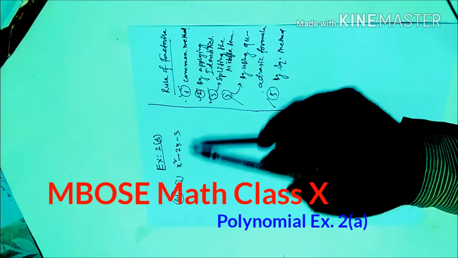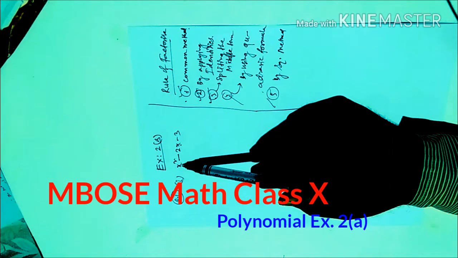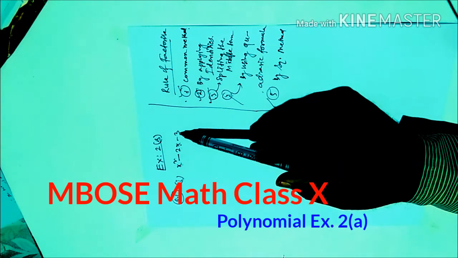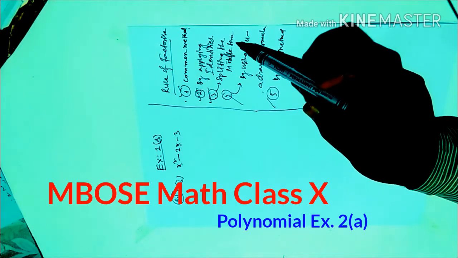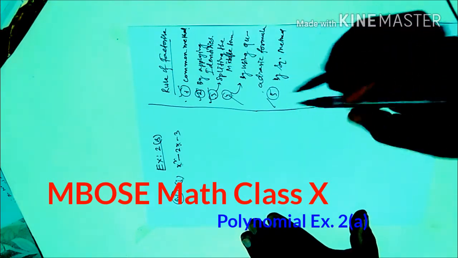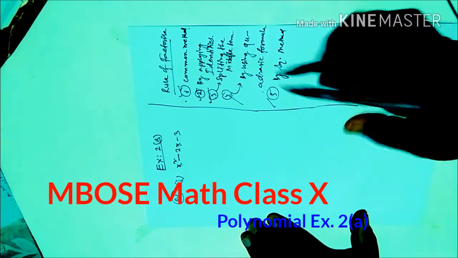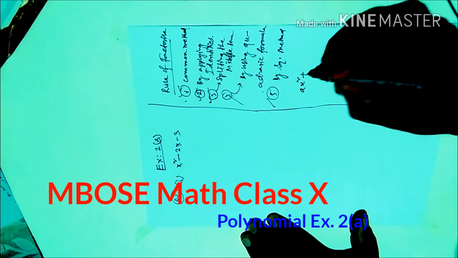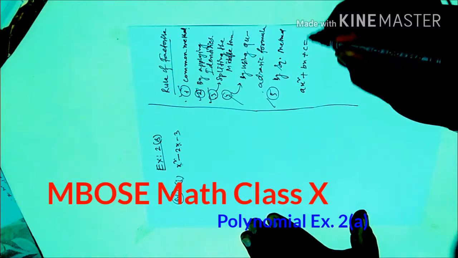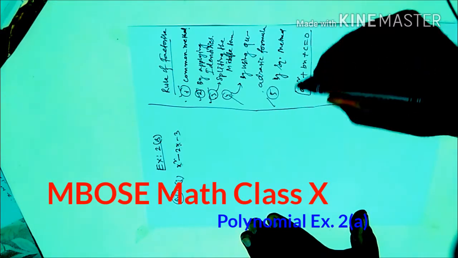Can we apply this identity here? No, because you see a square is there, but you cannot form b square. So you have to go by splitting the middle term. Before that, you have to know the quadratic equation, which I already discussed in the last video. This is the quadratic equation. Why is it quadratic?